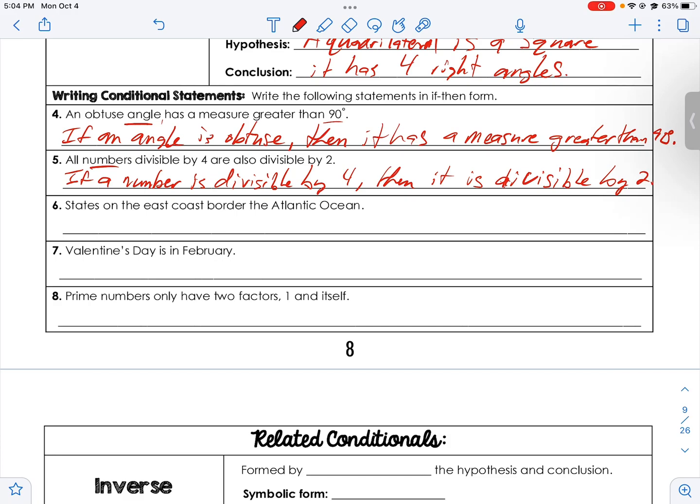Okay. Number 6: states on the East Coast border the Atlantic Ocean. So we're talking about states, and border is the verb right here. This was are, there's the has there.